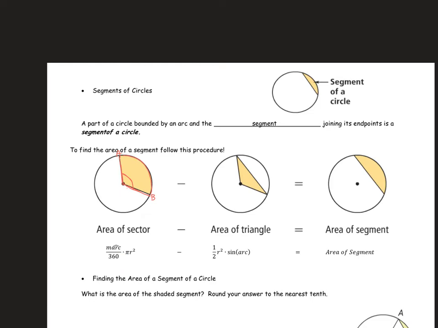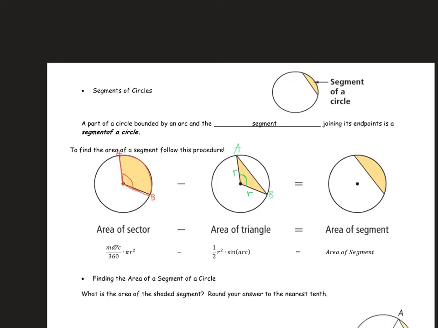Now if I want to find the area of my triangle, this is a radius and this is a radius. We just spent time talking about how we find the area of a triangle using side-angle-side. The central angle is the same as arc AB.